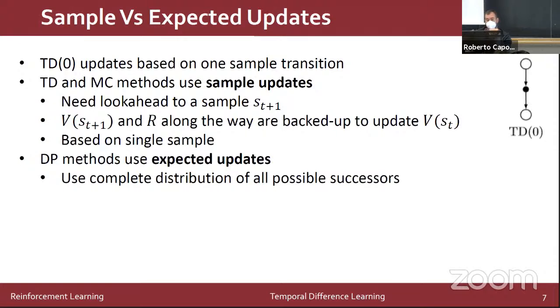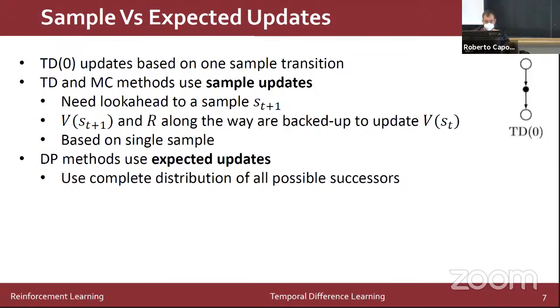So let's try to bring things together. In temporal difference, in TD0, for example, we have seen that the update is based on one single transition that is sampled from the environment, right? So it's a sample. And Monte Carlo approaches sample a full trajectory.